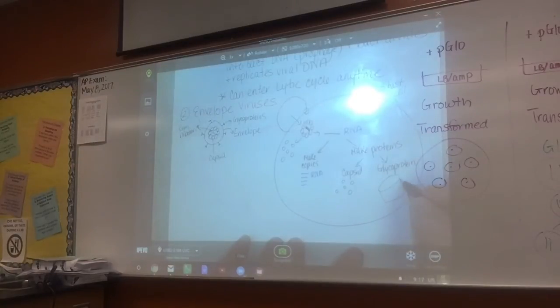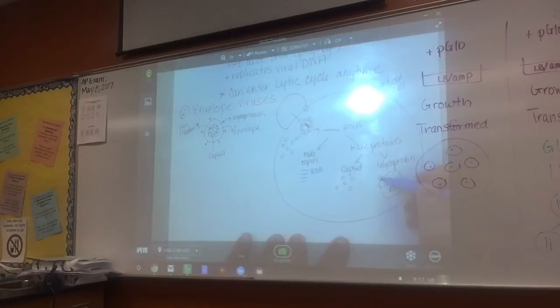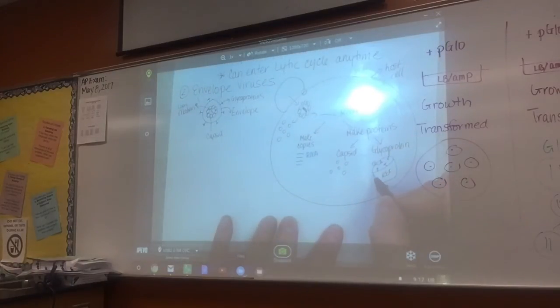Glycoproteins are made on the rough ER. So I'll put RER, and here's your ribosome there. And when the proteins are made, there's the chain of amino acids. They bind to the inside of the rough ER. The reason why that's important is because, if you remember when we talked about the rough ER, proteins that are made there butt off in transport vesicles.